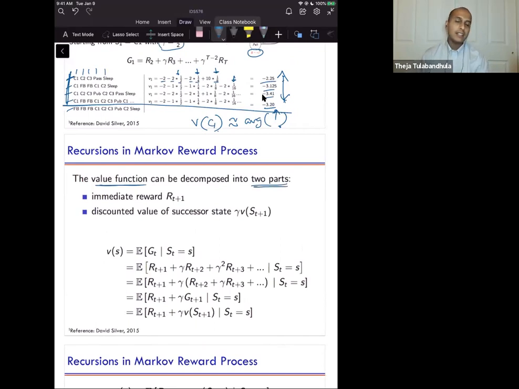Basically, what we're trying to get at in this slide is that a value function can be written in a recursive way. Some of you who have done programming before might have heard of recursion, right? For example, if you're solving for the Fibonacci series, then what is it? No, let's pick a different example.